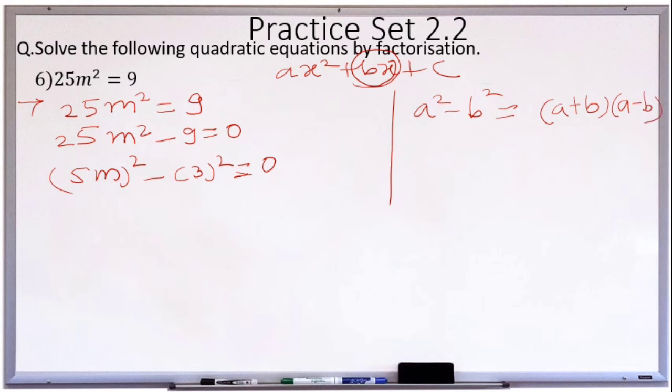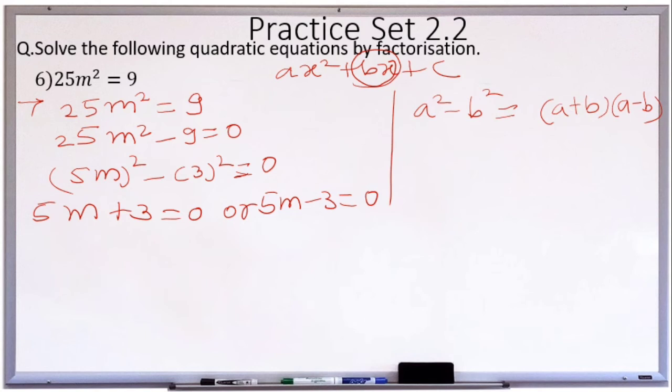Now by using the property that if the product of two numbers is 0, then at least one of them is 0, we get 5m plus 3 is equal to 0, or 5m minus 3 is equal to 0. See, I am writing this from the formula that a square minus b square is equal to a plus b into a minus b.